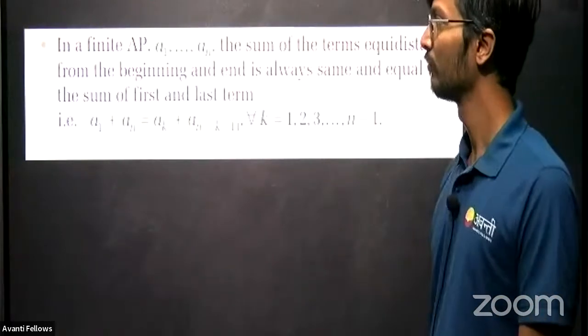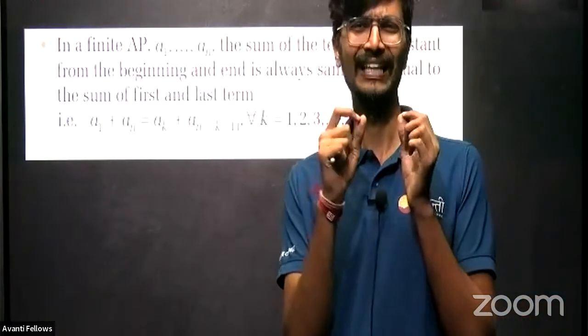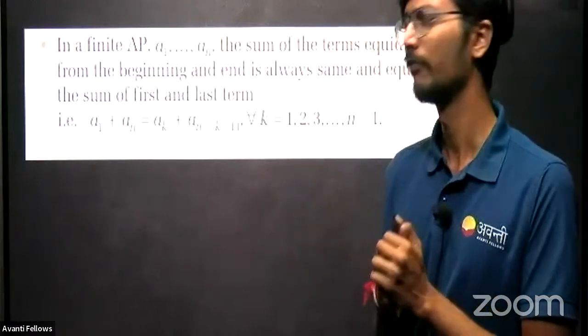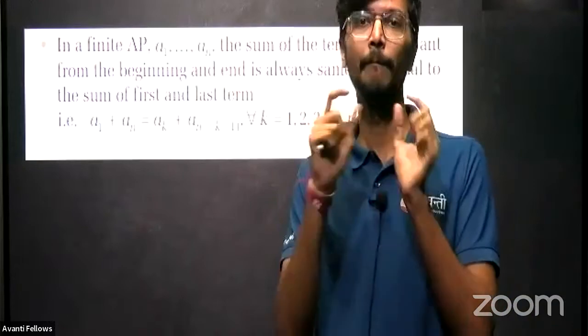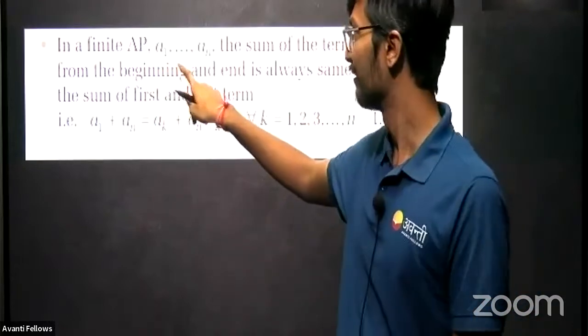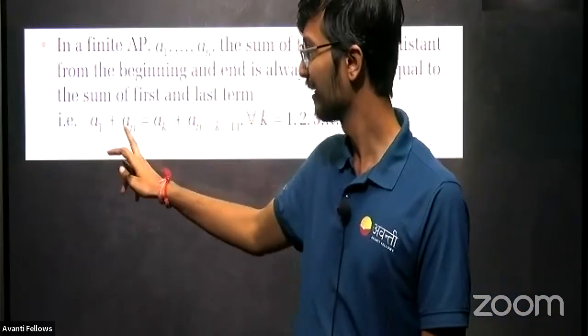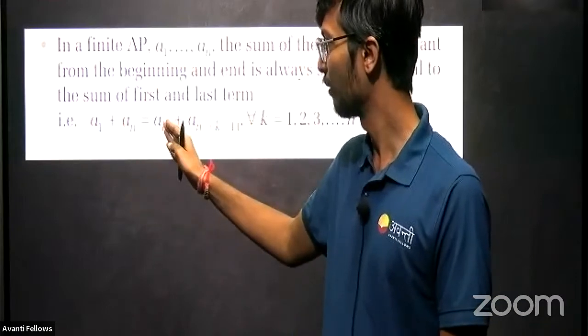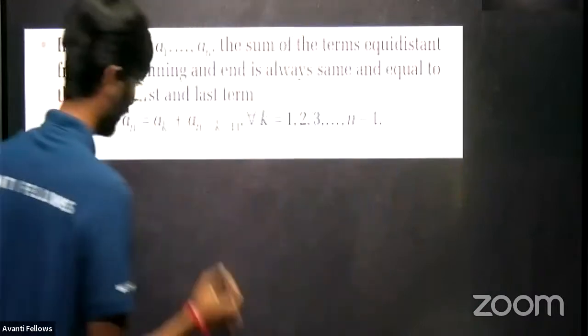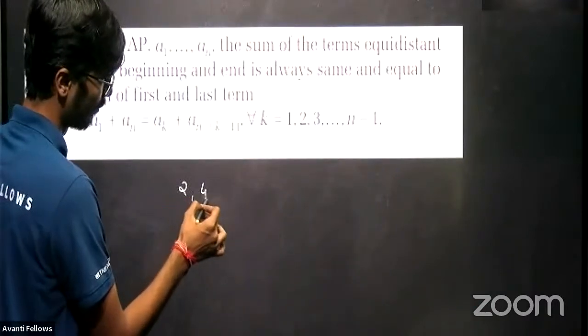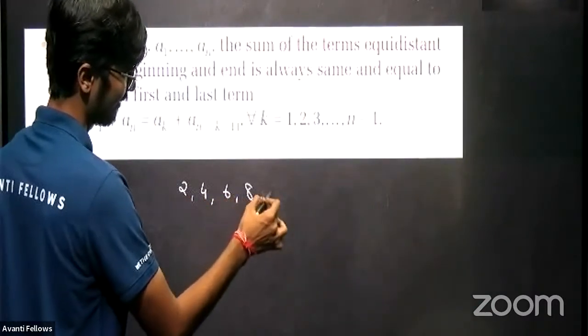So let's see one more. This is a normal note, not very useful, but just an observation of how an AP looks. Here you can see the sum of the first and last term is equal to the sum of the second and second last term. You can easily verify it. Suppose this is my AP: 2, 4, 6, 8, 10.